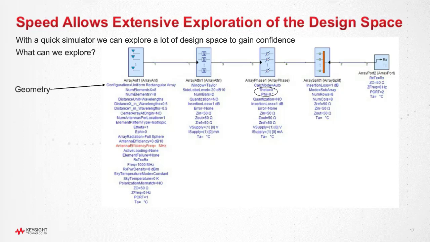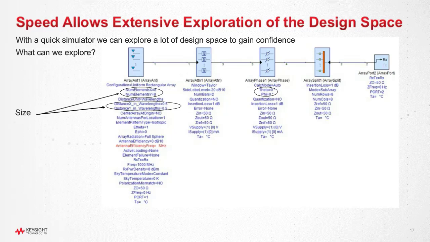A variety of different types of geometries of phased arrays can be formed, and we can explore them as we have already talked about. The size of the array: the number of elements can be changed on the fly. The spacing between each element can also be adjusted very quickly, and we can see the far field pattern by changing the size.